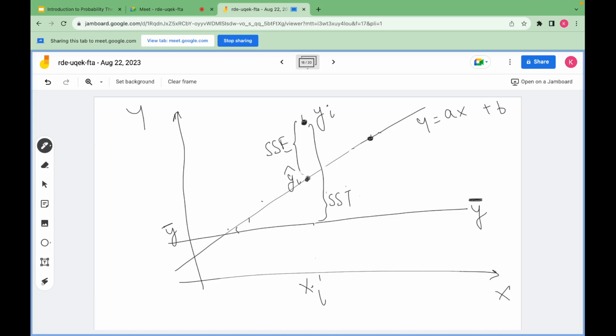This is the actual point, this is the predicted point, and this is the average value. The difference between the actual point and the average is SST. The difference between the actual point and the predicted point is the error, and the difference between the predicted value and the average is the sum of squares regression. I hope this is clear.